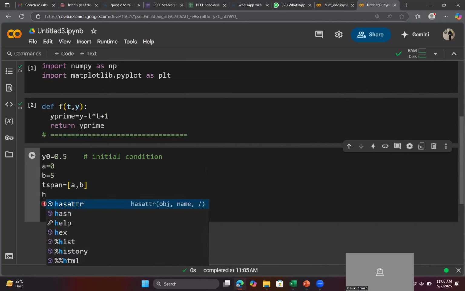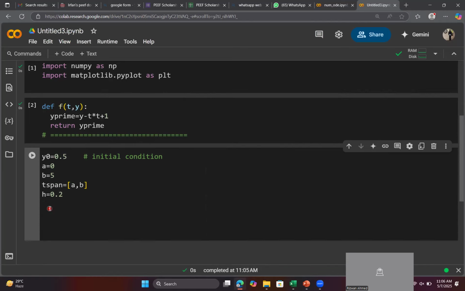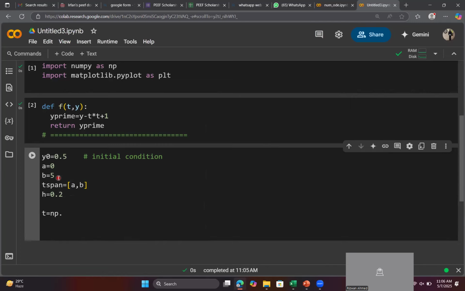So let's define a step size h, which is say 0.2. And now I generate a time vector, from value a to value b with the step size of 0.2. So the values of time will be 0, 0.2, 0.4, and so on up to 5.